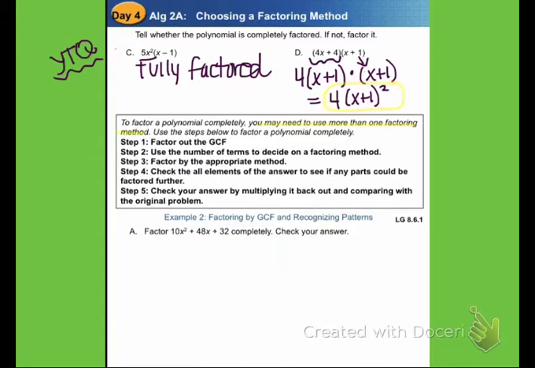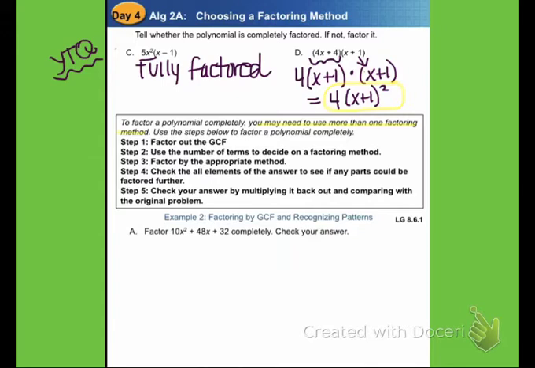Step two would be to use the number of terms to decide on a factoring method. For instance, if I had something that was 3 terms, I might think, oh, I've got to use the AC method and try to actually break that middle term down into 2 separate terms so that I had 4 terms. Then I could use factor by grouping.